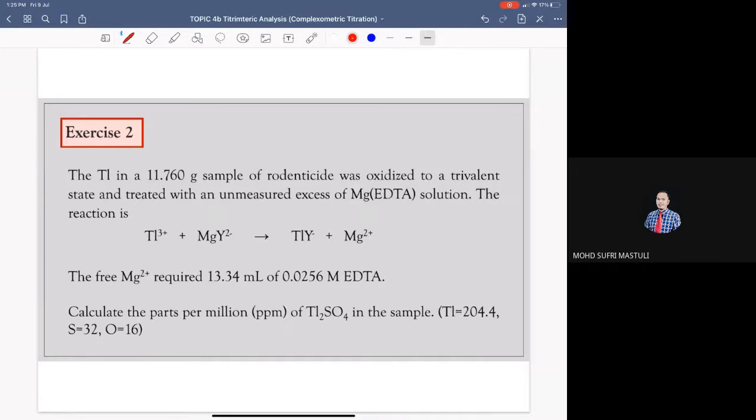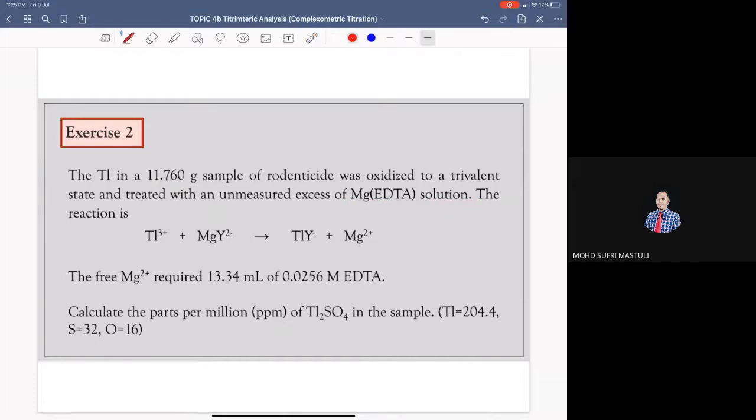But before you apply the same concept, you have to understand what information is given. The Tl, thallium, in 11.76 gram of sample was oxidized to trivalent state and treated with excess of Mg-EDTA solution.